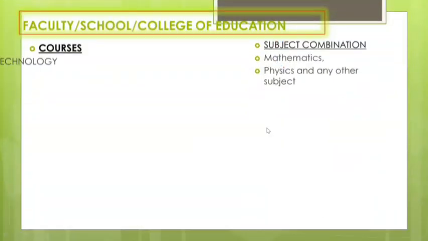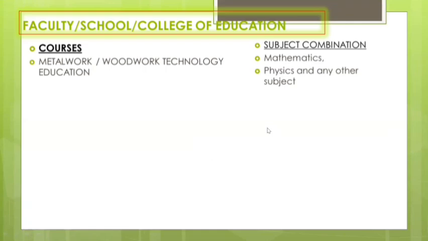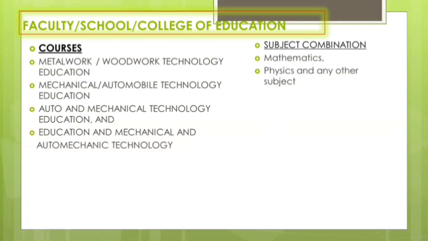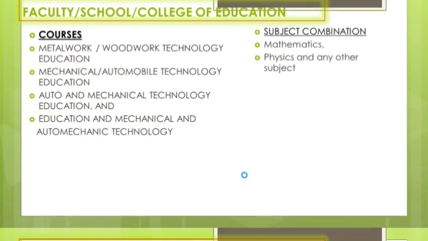For candidates applying for metalwork or woodwork technology education, mechanical or automobile technology education, auto and mechanical technology education, and education and mechanical and auto mechanic technology, beg your pardon, you are to sit for mathematics, physics, and any other subject.